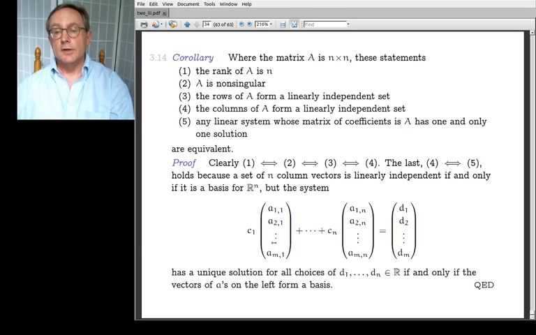But then the system has a unique solution for all choices of d's, because we saw the result that if you have a basis, you can express the members of the space, but you can express them in only one way. You express them uniquely. That led to the definition of representation. Okay, very good. Now, that ends the second chapter.